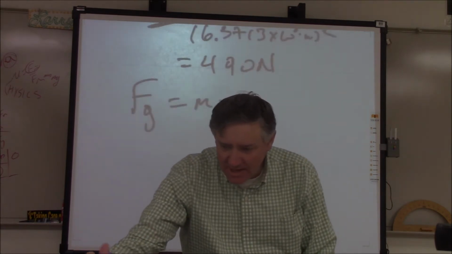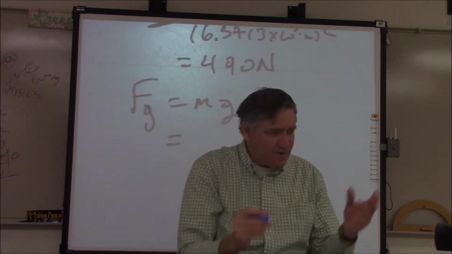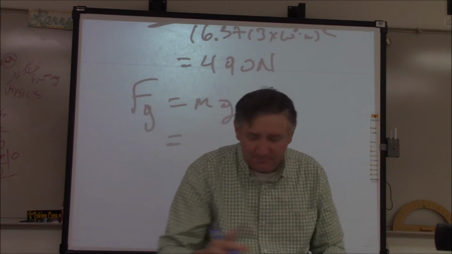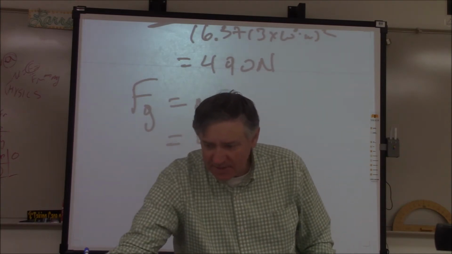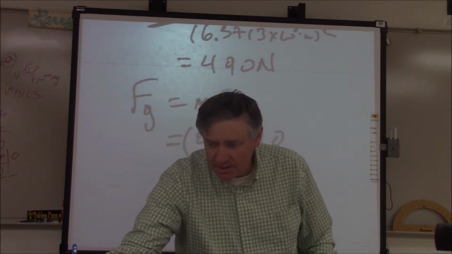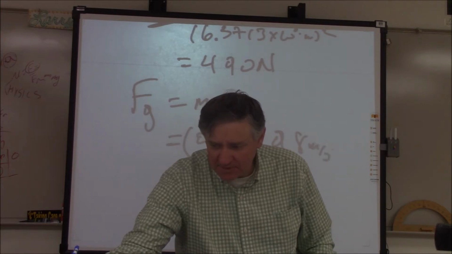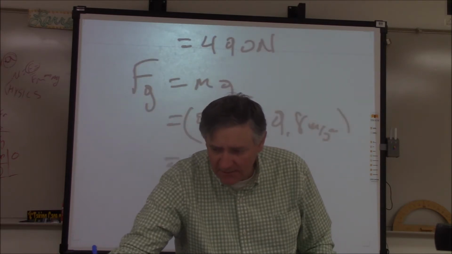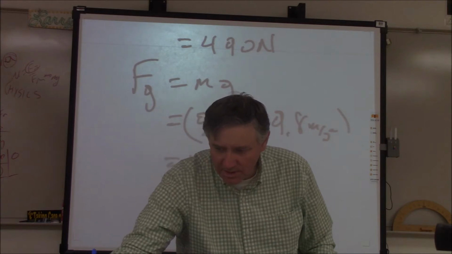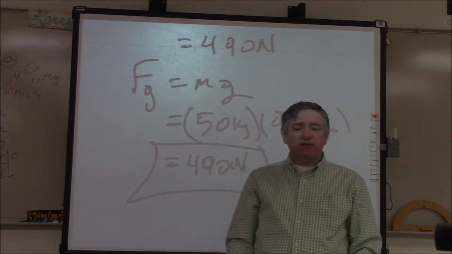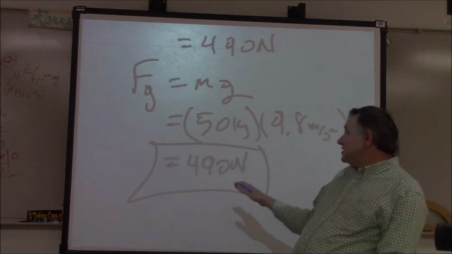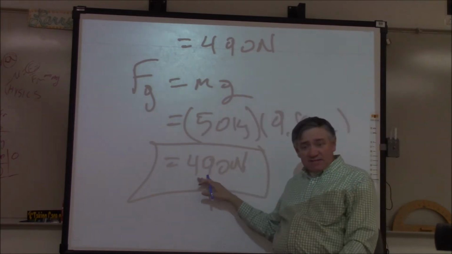The other way that we could find the weight of Riley is that we could take 50 kilograms and multiply that by 9.8 meters per second squared, and oddly enough, we're going to get 490 newtons. Now, here's the whole kicker. Notice that these two numbers are the exact same.